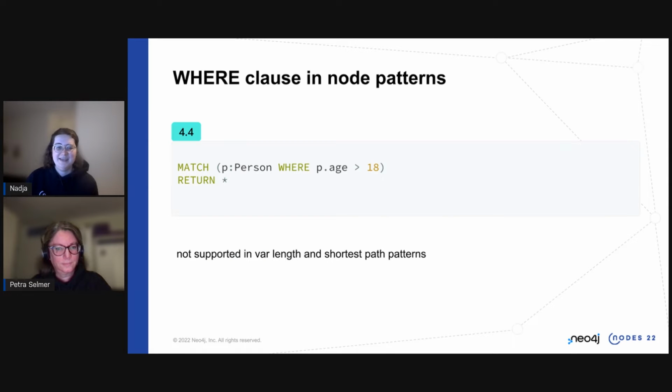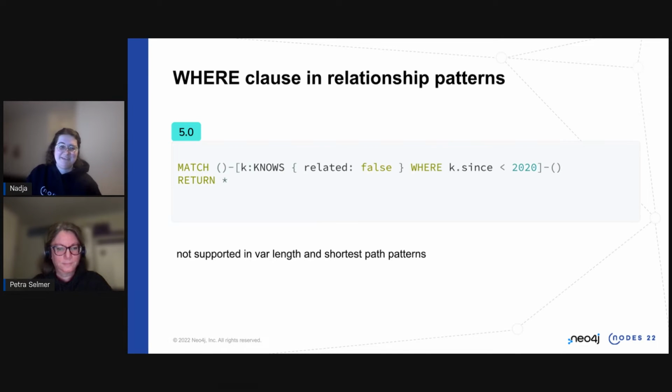What we introduced in 4.4 was that you can now write where clauses in node patterns. And you can see an example here. This is mostly syntactic sugar, like the other things that we've done so far. I hope it helps you to write things a bit more clearly. And then we also have a where clause in relationship patterns.